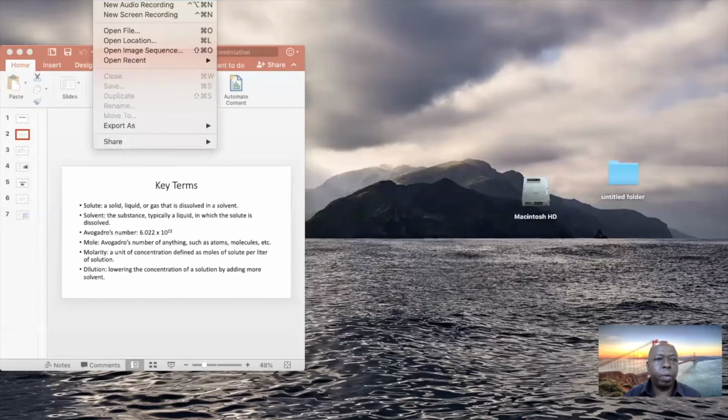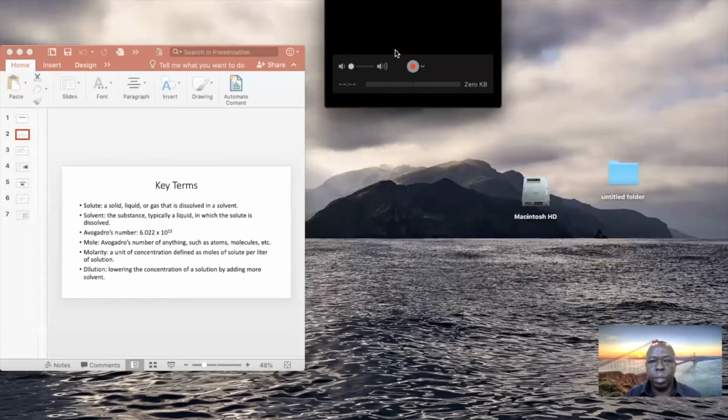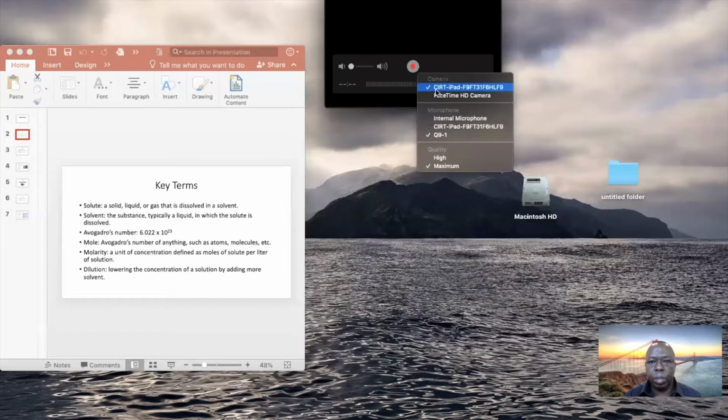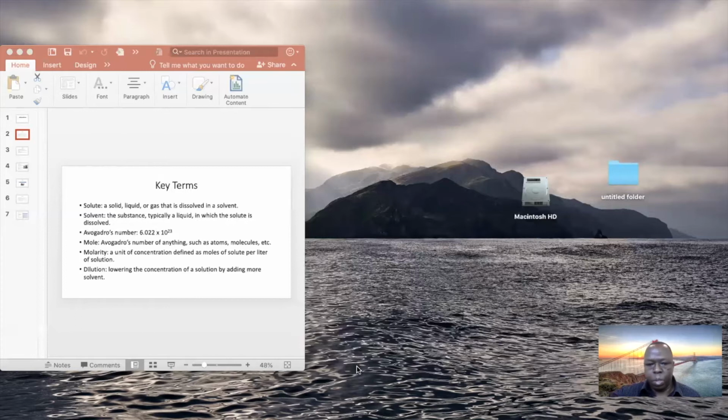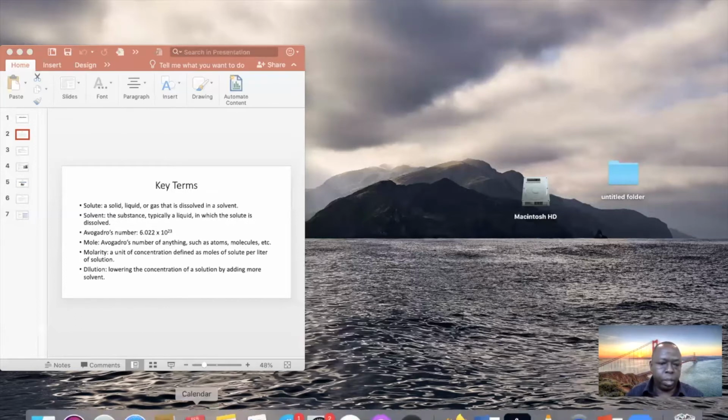Hopefully it's going to load a new page on my iPad so that we can look at.